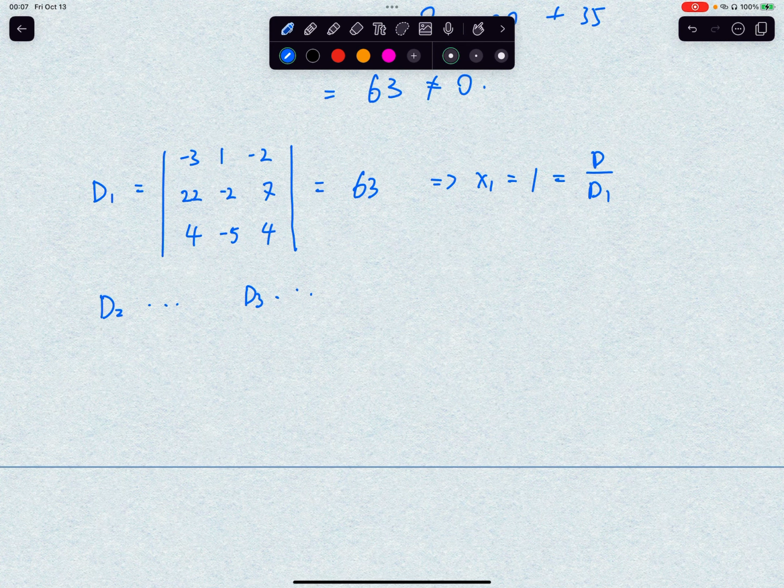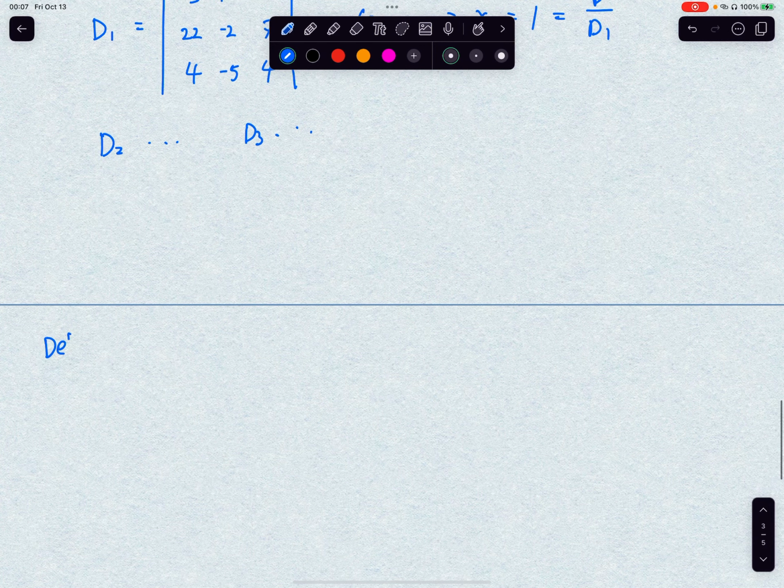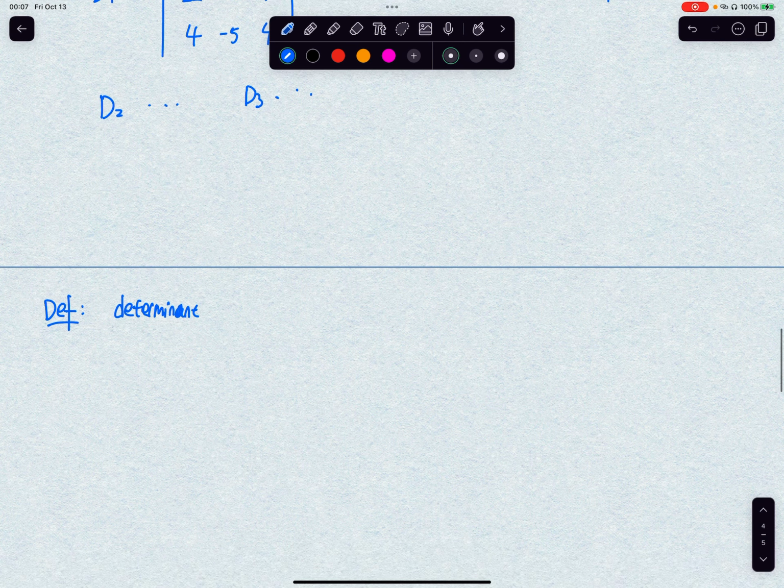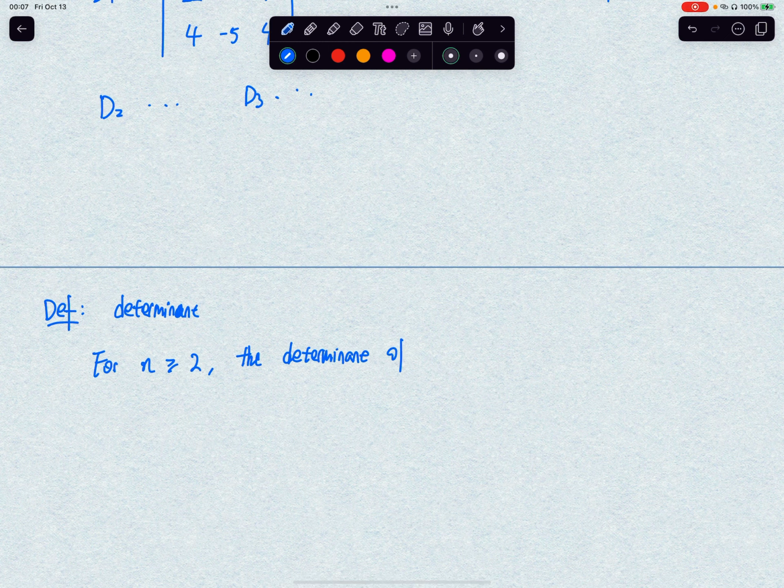That is, we have more than 2 unknowns. So the definition of determinant: for n greater than or equal to 2, the determinant of an n by n matrix.